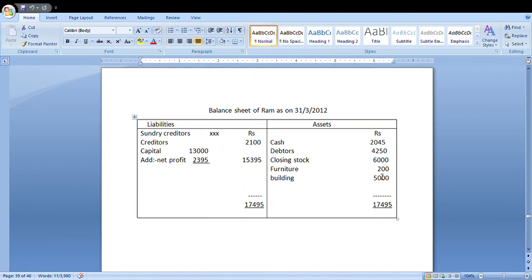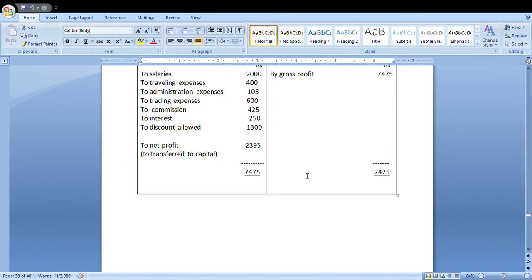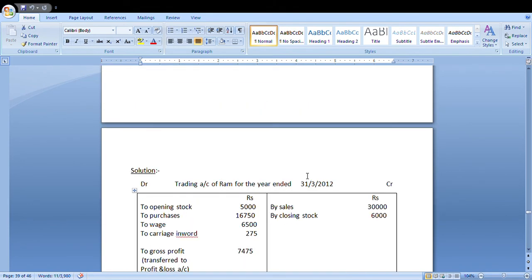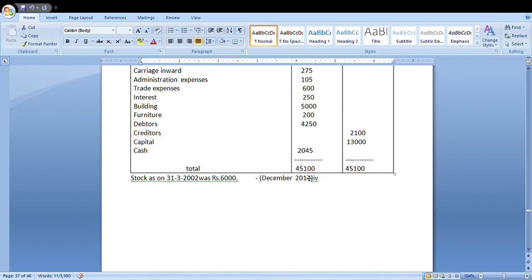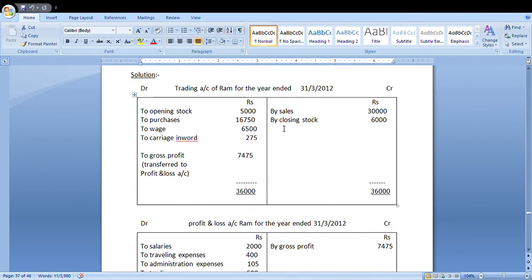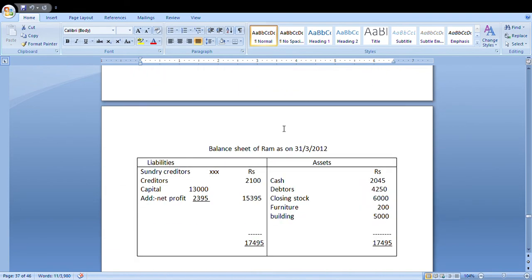Furniture 200. Next, debtors. It is also an asset. They are the amounts collectible from outsiders or customers of the business. Debtors 4,250.